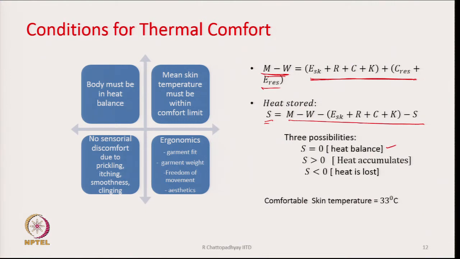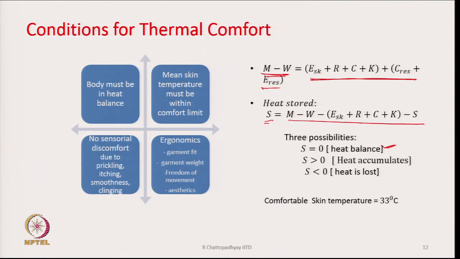What is important is that the amount generated minus the work done should be equal to the heat that I can release from the body with the garments that we have.